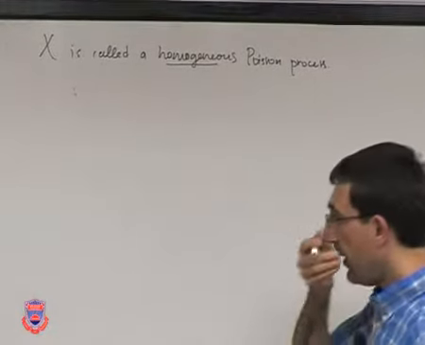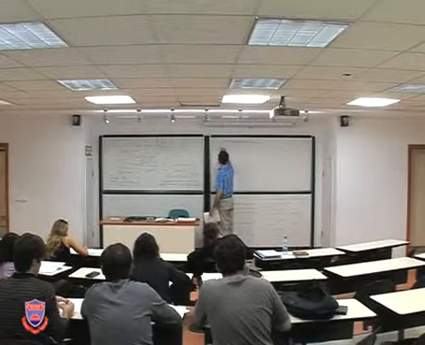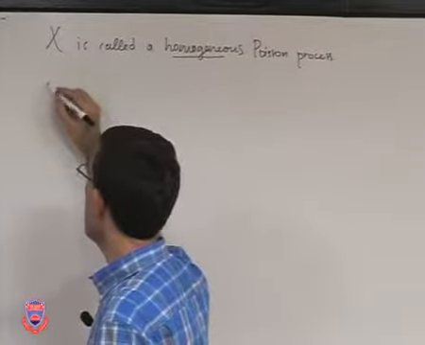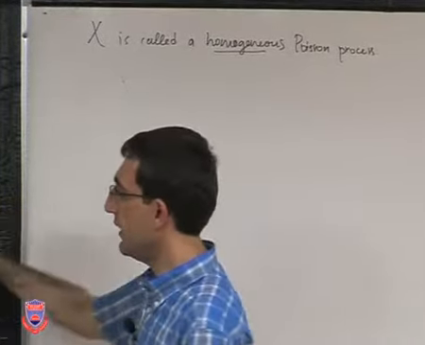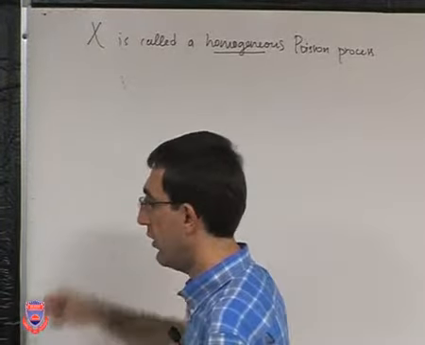If you check the distribution of the random variable X at time t, it is the same as the distribution of the change in the process over the time from s to s plus t.